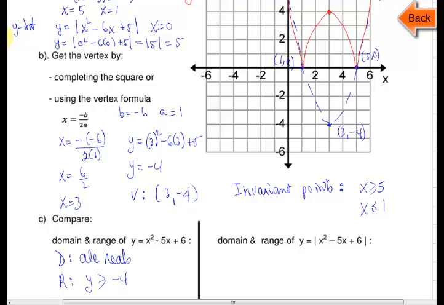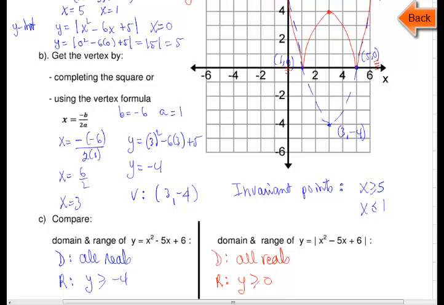And if we take a look at our absolute value function, okay, the domain will be all reals. Okay, and the range, if you take a look, your lowest values for y are 0 again, so y has to be greater than or equal to 0.